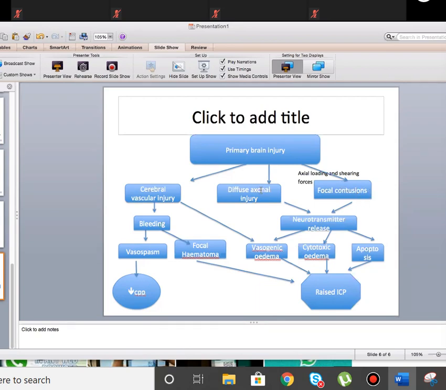What do you mean by diffuse axonal injury? Can you remember? It was taught in, I think, forensics, isn't it? Do you remember that? Yes, sir.